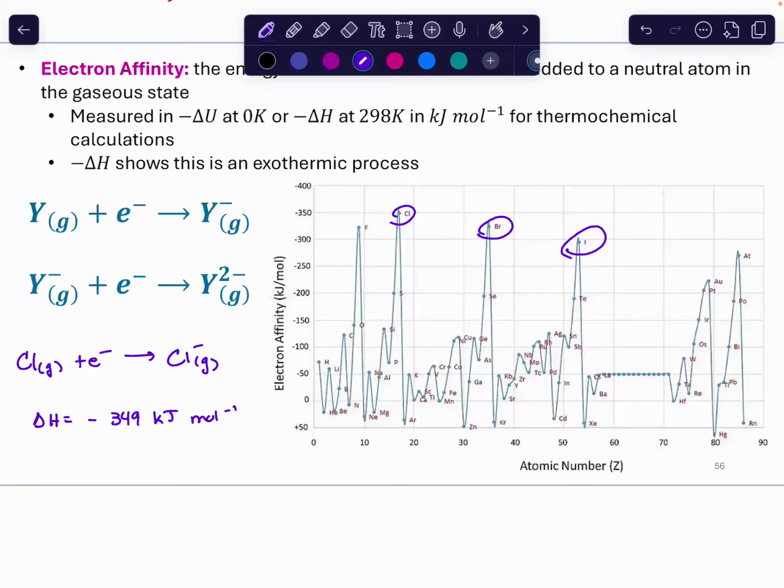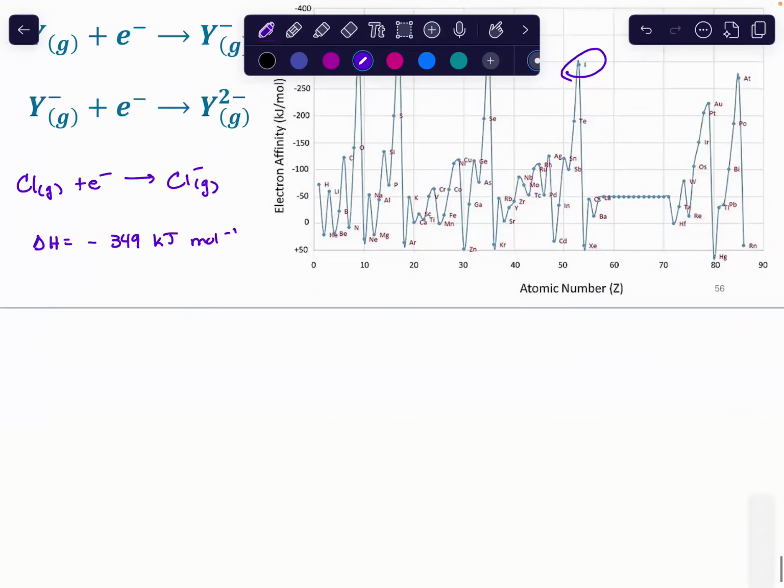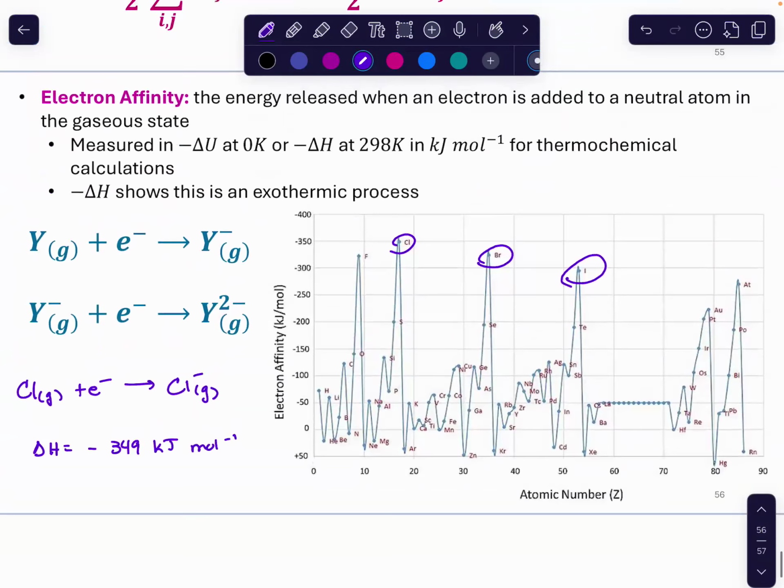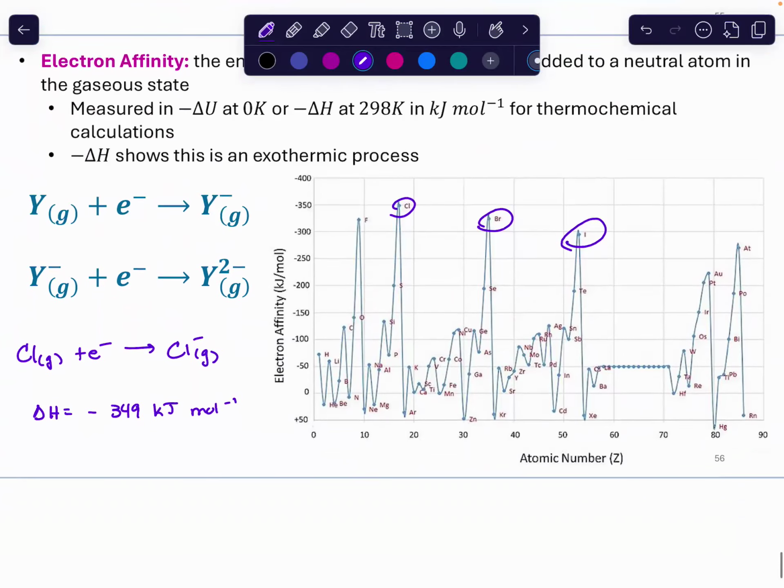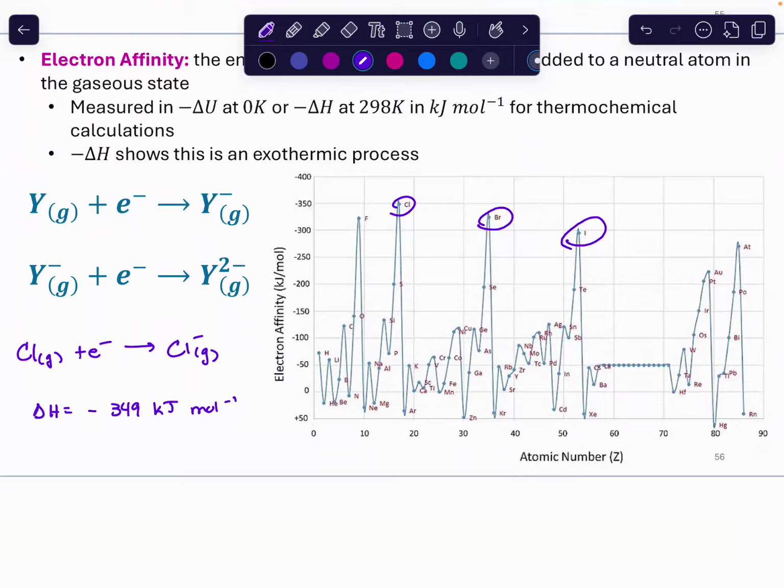And so as chlorine takes on that electron and expels heat, we know that it's becoming much more stable. So electron affinity, not too difficult, pretty much the opposite of your ionization energy, but still an important topic to start wrapping your mind around.